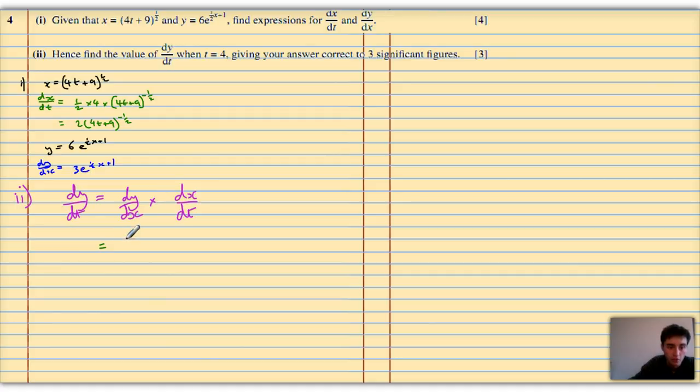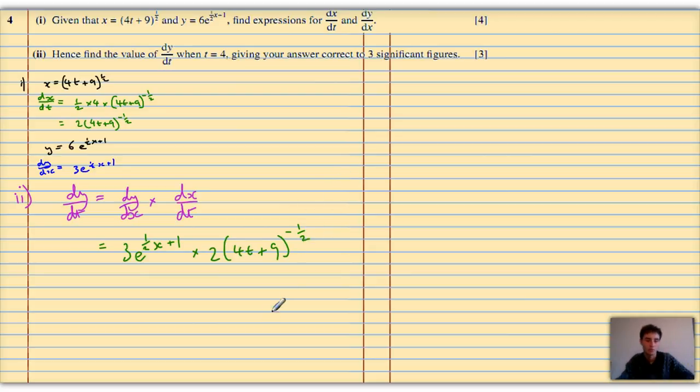So that would just be dy/dx is 3 times e to the half x plus 1, and that's going to be all multiplied by 2 times (4t + 9) to the power of minus a half.